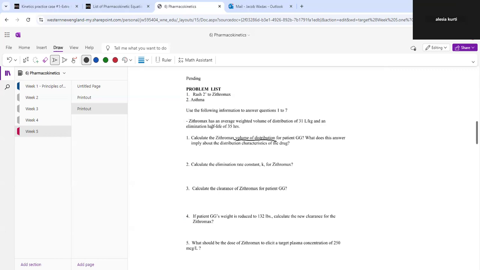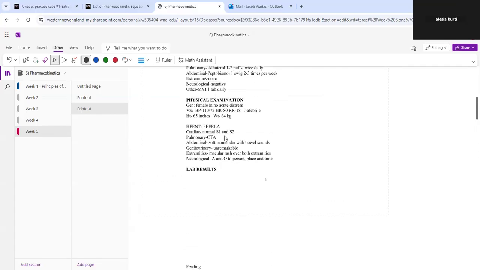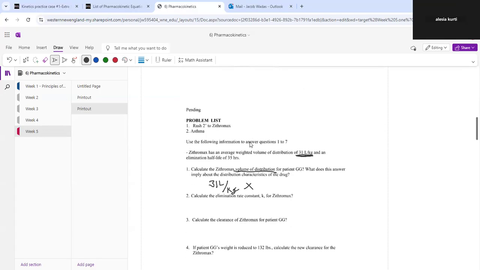Above, it says Zithromax has an average weighted volume of distribution of 31 liters per kilogram. So we can set up 31 liters per kilogram times how much she weighs. If we go back up, it says she weighs 64 kilograms.